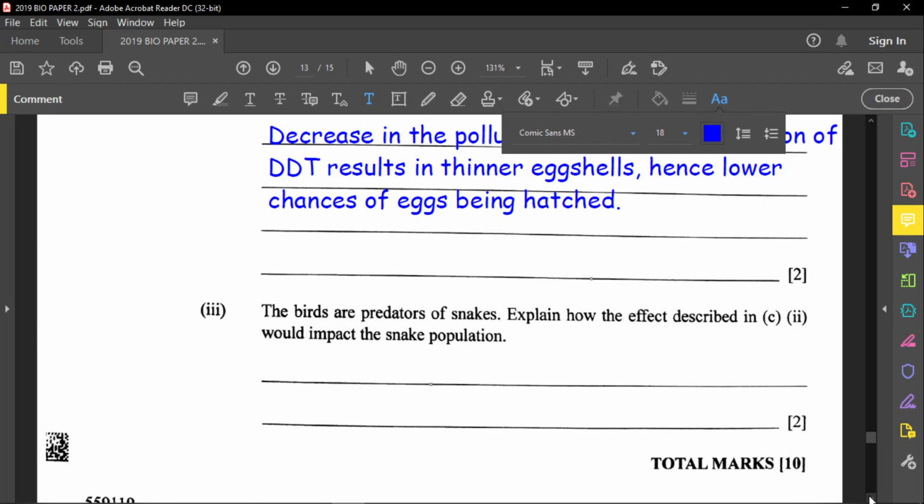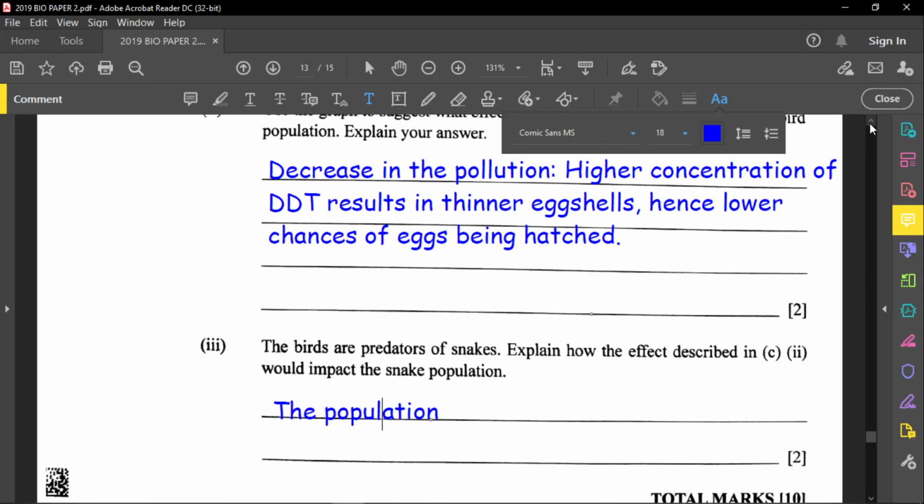If the birds are eating snakes, and the population of birds decreases, then with fewer birds eating the snakes, the snake population will increase. So the population of the snake will definitely increase.